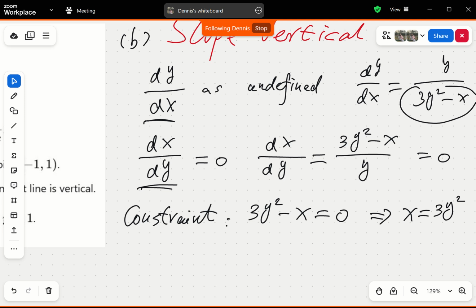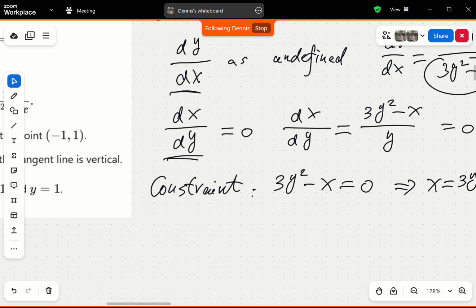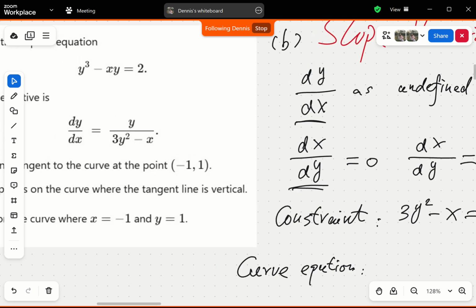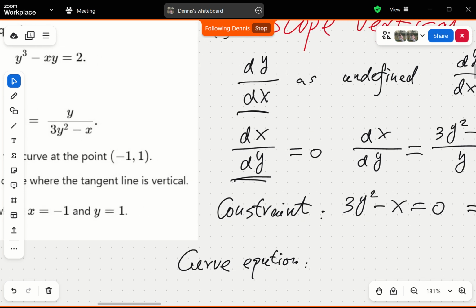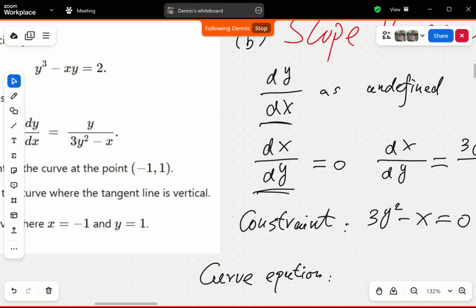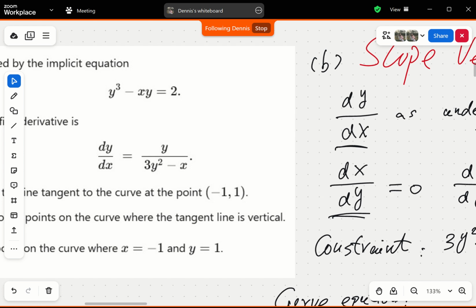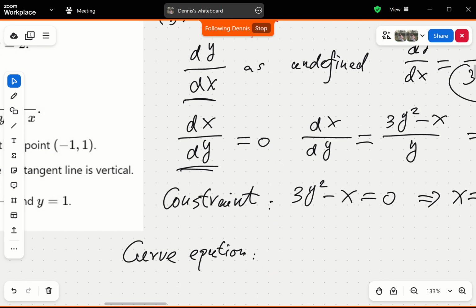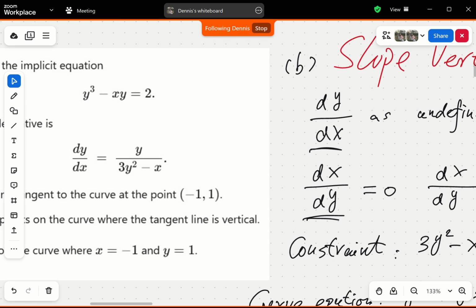And of course, we also have the constraint that this point of tangency is still on the curve. The curve equation is given by the implicit equation y^3 - xy = 2.